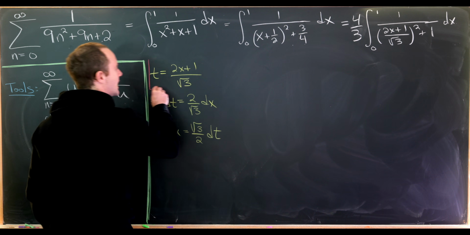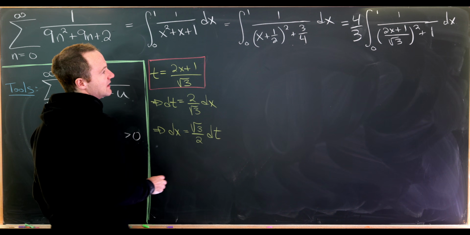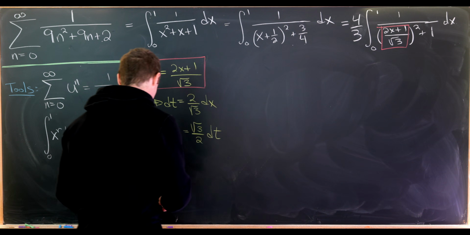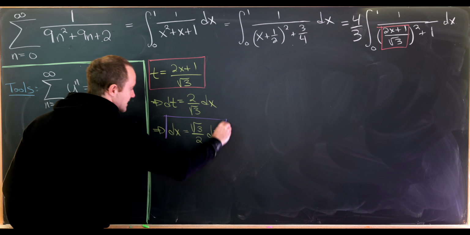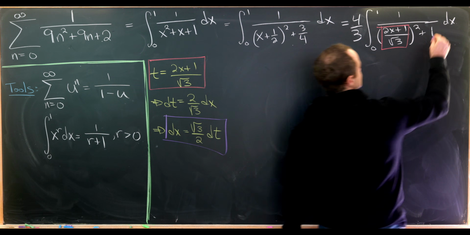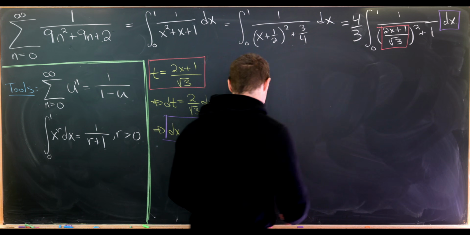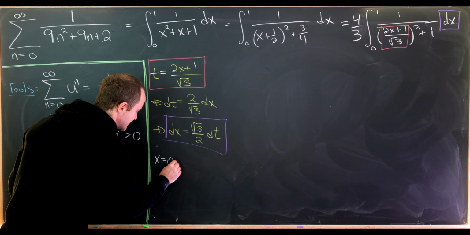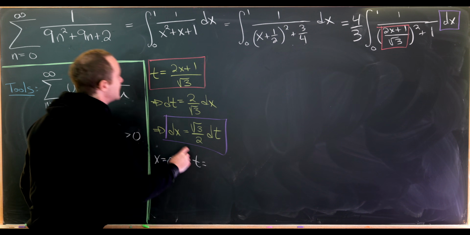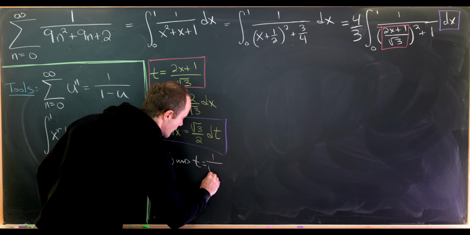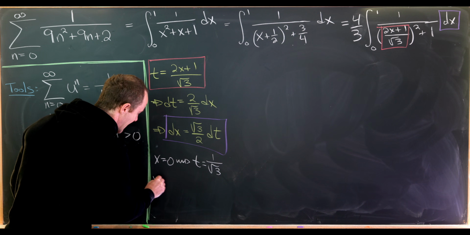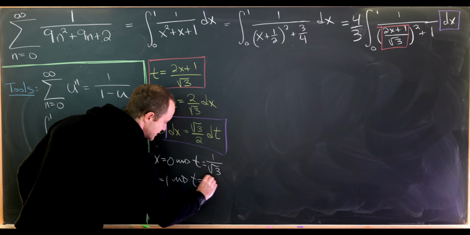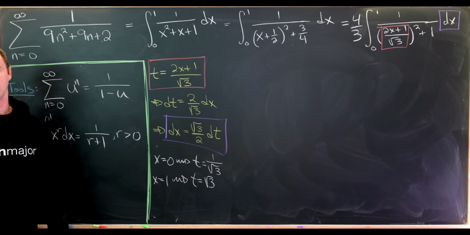Okay, so let's put a box around this, and then that will go through and substitute in for this red box. And then we'll put a purple box here, and that's going to go in and substitute for this purple box. Now let's see what happens to the bounds of integration. So if x is equal to 0, that tells me that t is equal to 1 over root 3. And then when x is equal to 1, that tells me that t is equal to 3 over root 3, which is the same thing as the square root of 3.